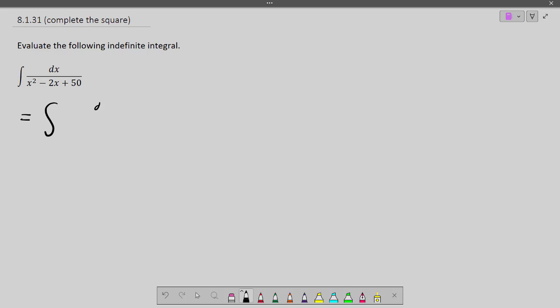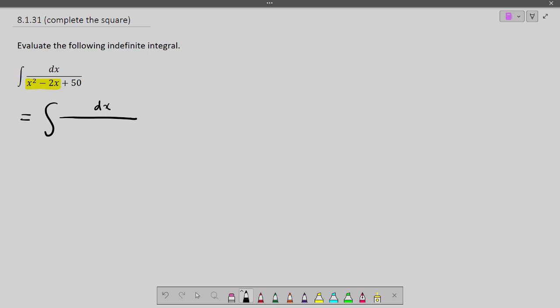And so here we say, okay, we want to take these two terms and complete the square. We want to create a perfect square trinomial, and our technique for that is completing the square. We take the coefficient of x, divide it by 2, square that result. When we divide negative 2 by 2, we get negative 1.